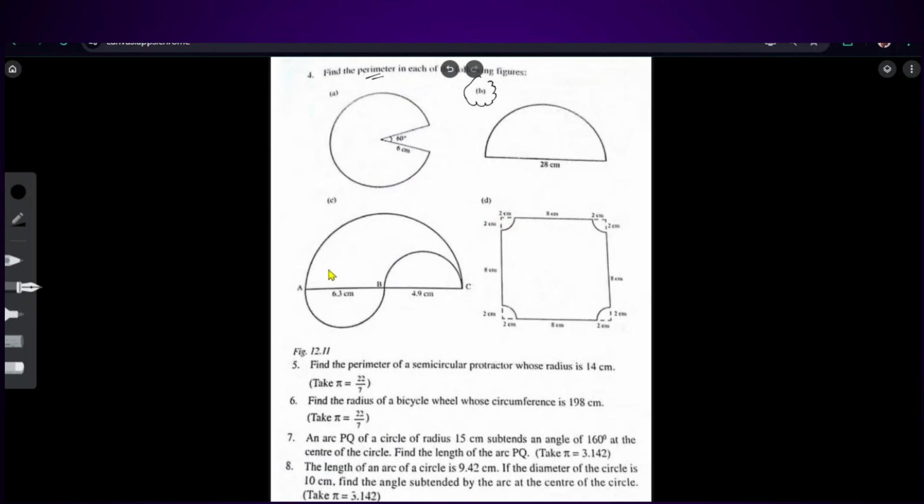You can also attempt this one, number C. Then we pick one of a full circle, number 6 here. You attempt this, and also number 8. So we have attempt B, C, number 6, and also number 8.